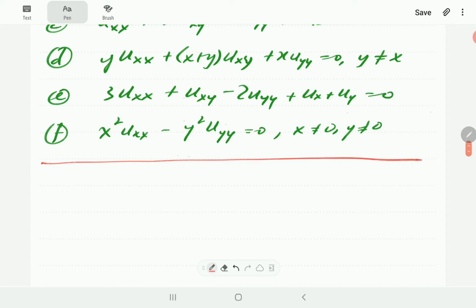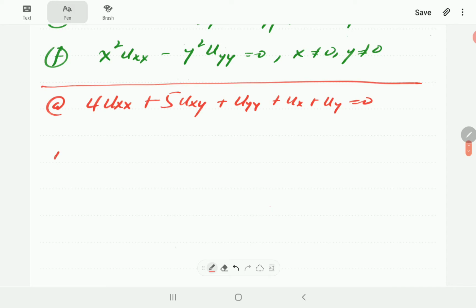Okay, so in part A, we have 4u_xx. We're going to do this one very slowly so that we give you the opportunity to follow through all the steps. All right, so in the first case, we are classifying this.